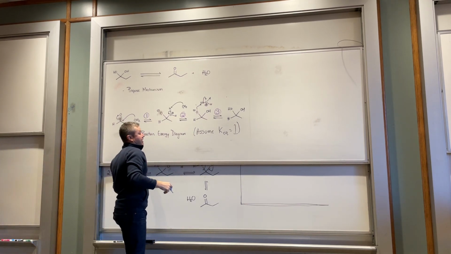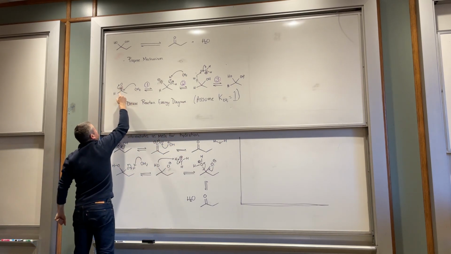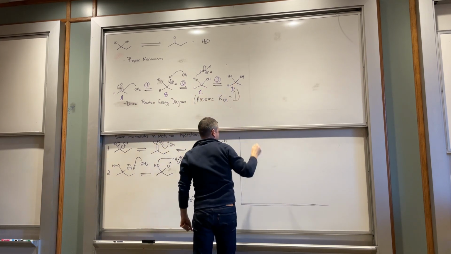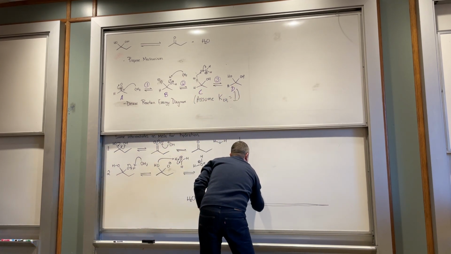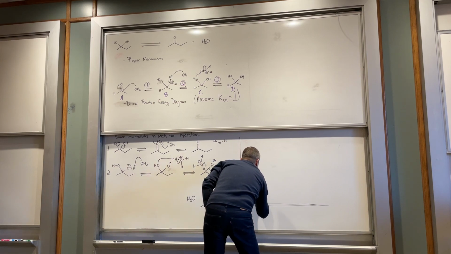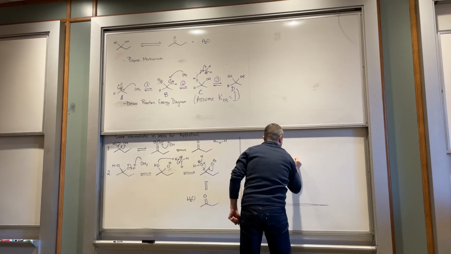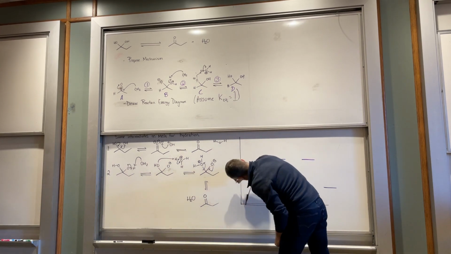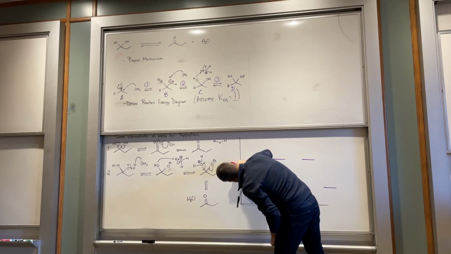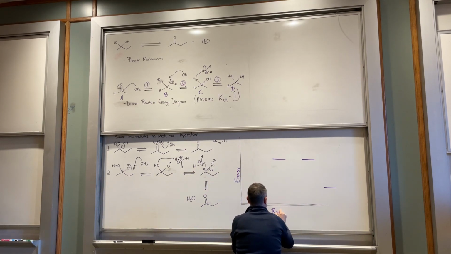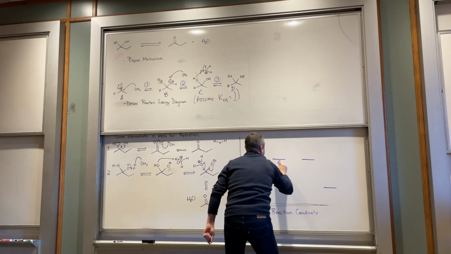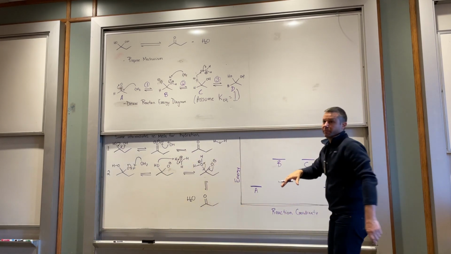And so when we represent that, we'll say that this is A, B, C, and D. When we draw this on an energy diagram, those A's, B's, C's, and D's are going to be the lines, right?